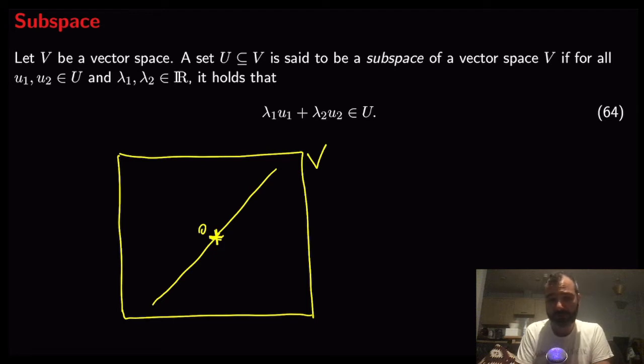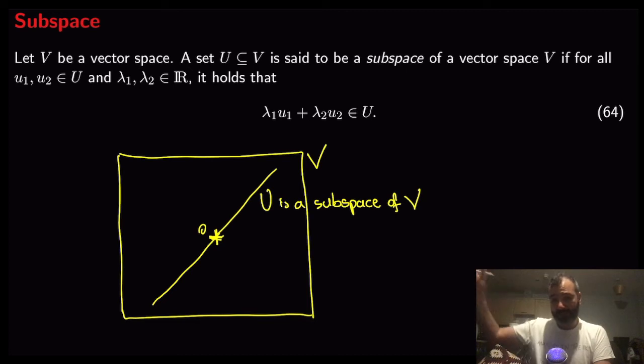So let's give now the definition. This is the geometric understanding, which I think is a lot more valuable than what I will read out to you now. So U is a subspace of V, and also this subspace extends and has no limits. Let's read the definition actually.